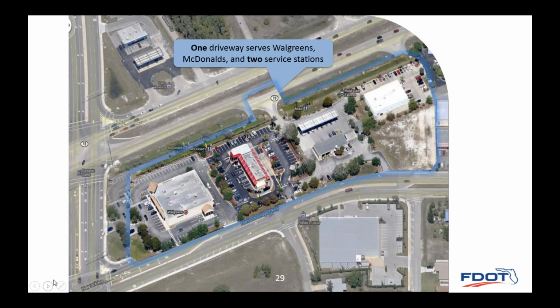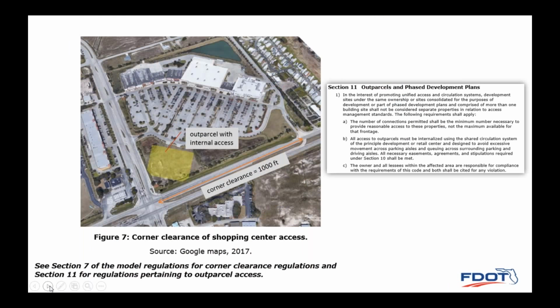They also developed an access management plan for Pine Island Road that we'll see in a moment. And this one is a driveway that serves several relatively high traffic uses along that highway. And this is an example again of, I believe, Pine Island Road.